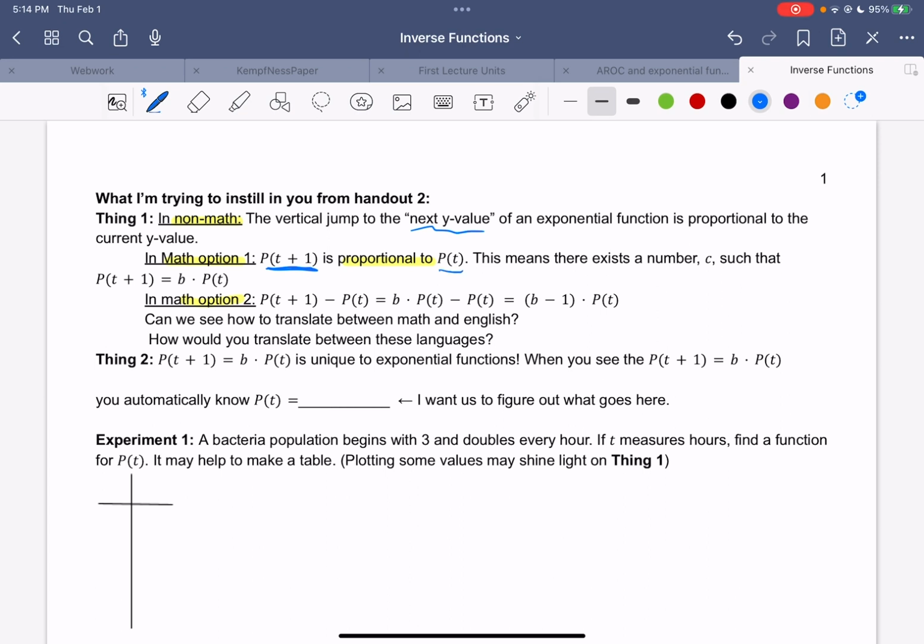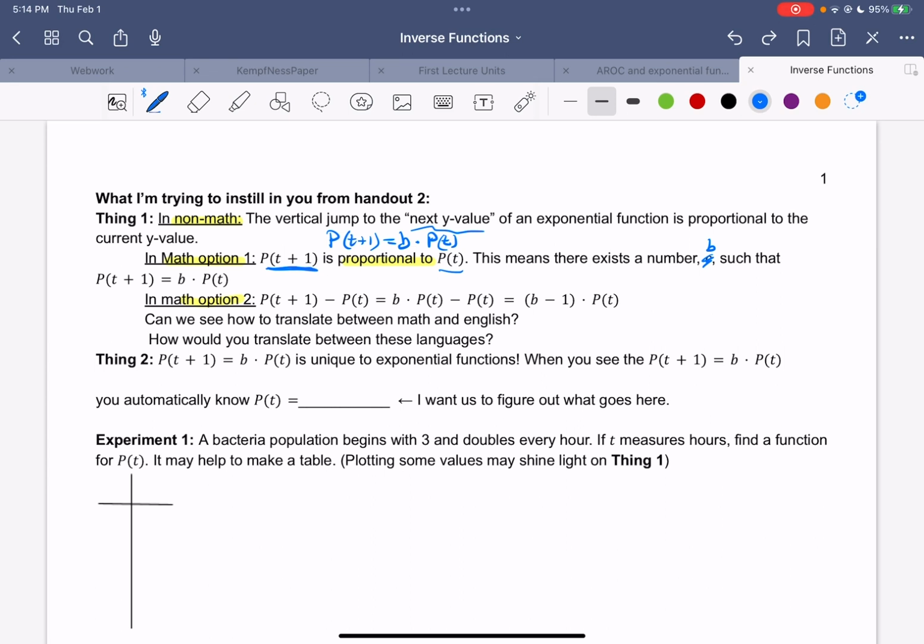So what proportional to means is, here's that next y value, it's going to be equal to, and here I use C, I should have used B, because I use B everywhere else, okay? It's proportional to some number times the current y value. And this number stays the same, no matter what t is.